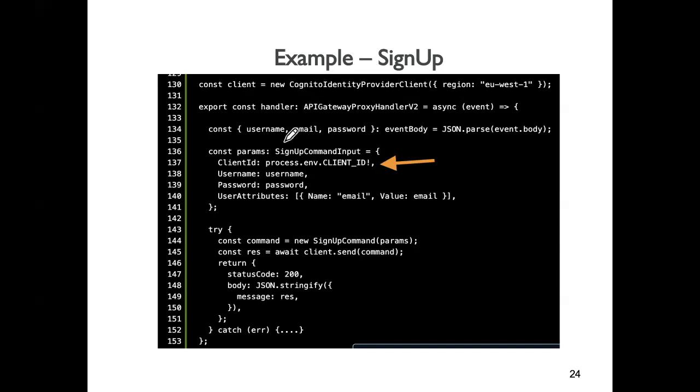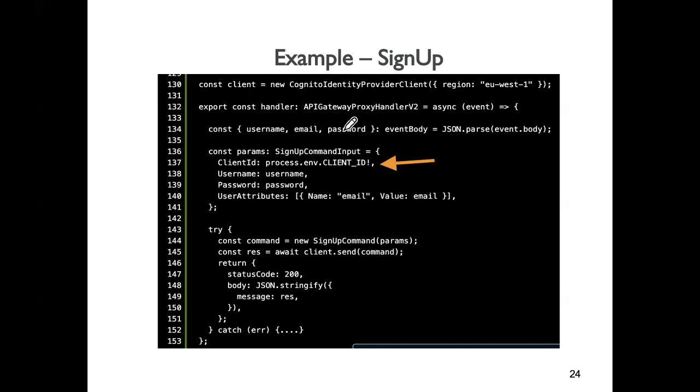So, for example, there is a sign-up command object. These are the properties of the object. Here we're just extracting the username, password, and email that were included in the body of the request that was sent to my web API and then forwarded on to this particular Lambda.